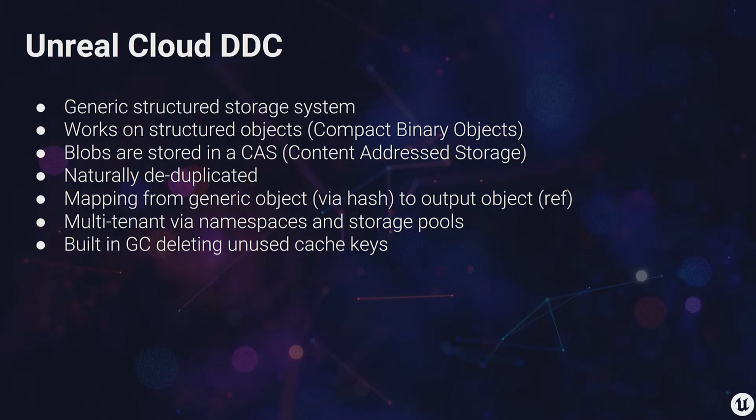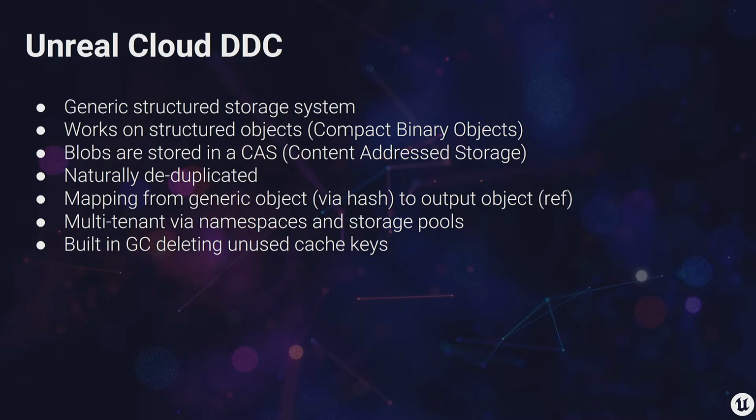So you can configure it in a way where every project writes to the same storage pool, so same S3 bucket, and then you get full deduplication across all of your different projects. Or if you're more concerned about that, you could also set it up so that each project writes to its own S3 bucket. Maybe you want to do that for billing reasons or something like that, which you can also do. So you have full flexibility in terms of how you want to weigh those two things.